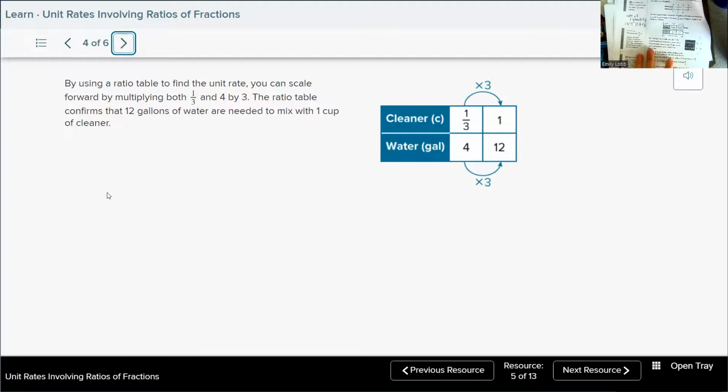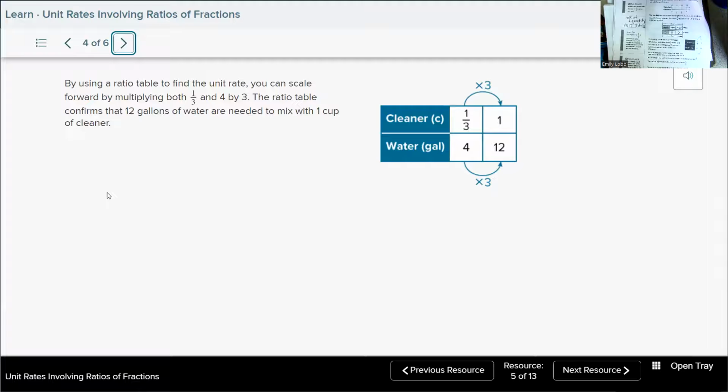So right below that in your packet, by using a ratio table to find the unit rate, you can scale forward by multiplying both 1/3 and 4 by 3. So this is a lot of what we did when we were finding the missing pieces, right? The missing quantity that we wanted in our review.